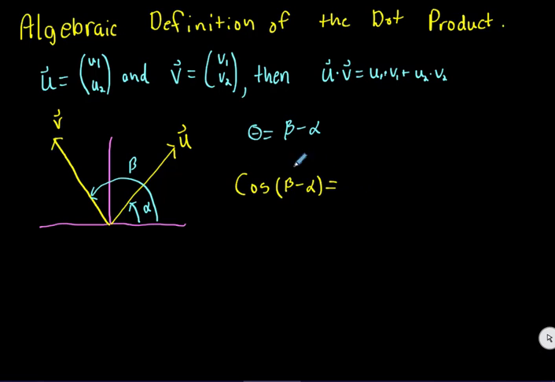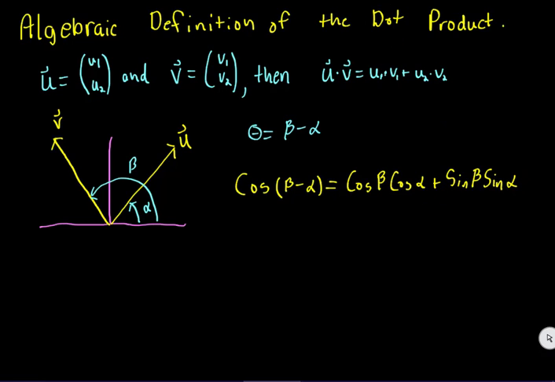using the compound subtraction identity, this would be cosine beta cosine alpha plus sine beta sine alpha. Good. Now let's see what these are equal to.